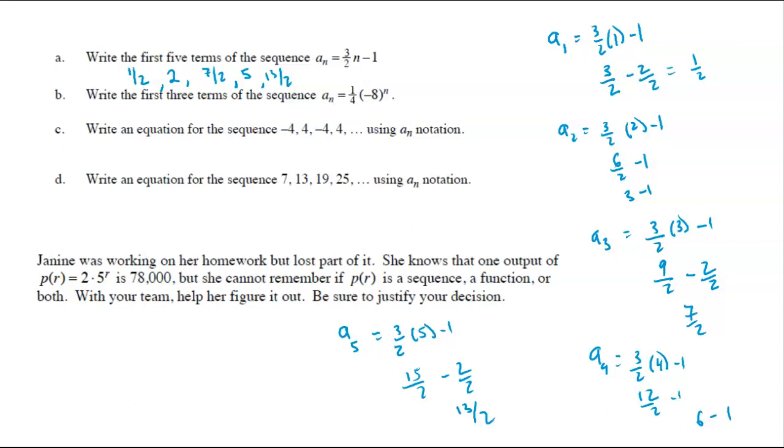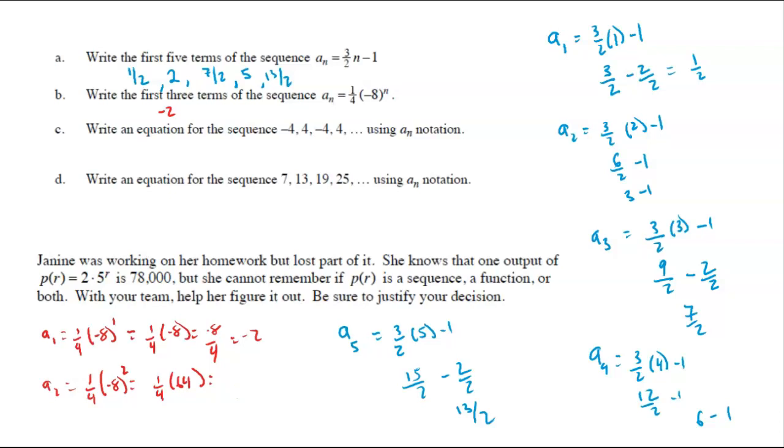Okay. Let's do part B in red. A of 1 would be 1/4 times -8 to the power of 1. So that will be 1/4 times -8. So -8 over 4 is -2. Perfect. A of 2, so 1/4 and -8 squared. So this will be 1/4 times 64. So it turns positive, and then 4 goes into 64 16 times.